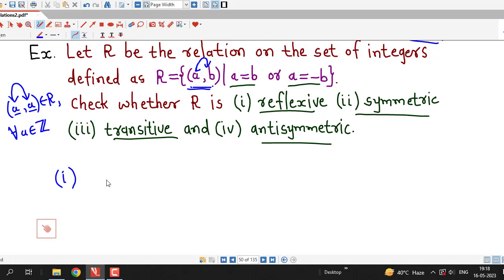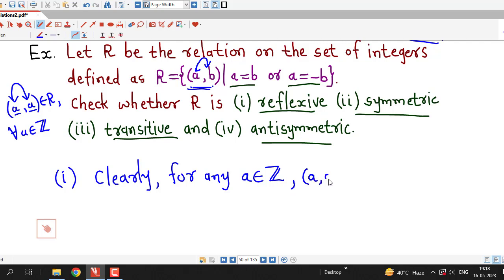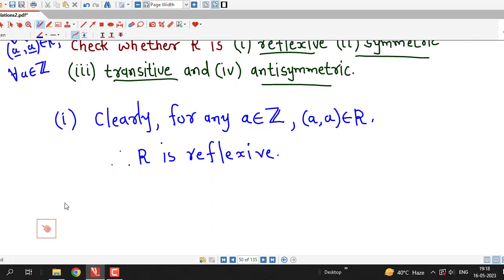So clearly R is reflexive. We can directly write that for any A belongs to Z, ordered pair (A, A) belongs to R. Therefore, relation R satisfies the property of reflexive.